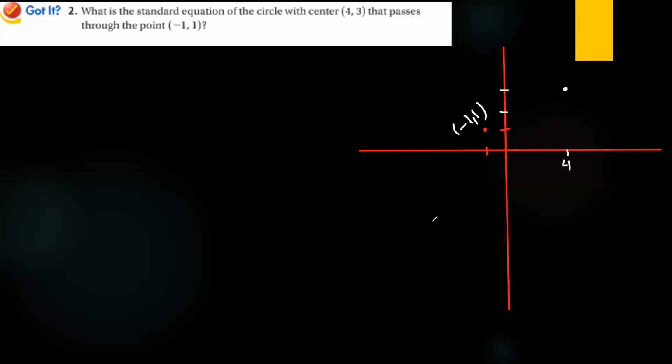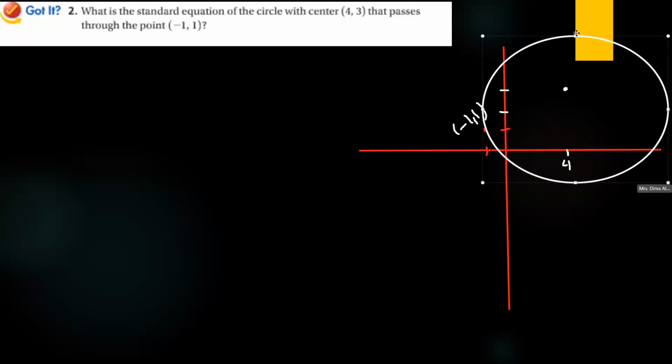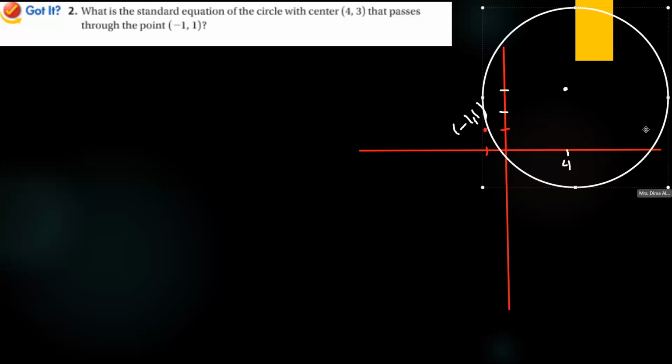That means here you have a circle that when you draw it now, it passes through -1, 1, and its center is here. So this is the meaning of the question. This is a circle with a center 4, 3. And when its circumference is drawn, it passes through the point -1, 1.